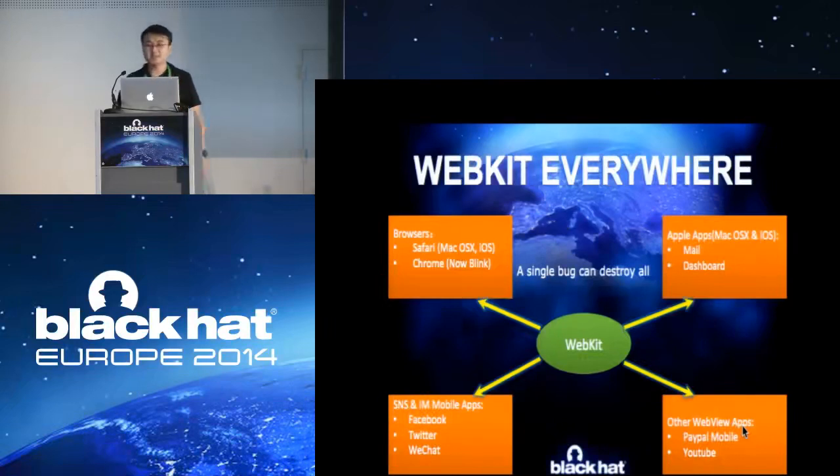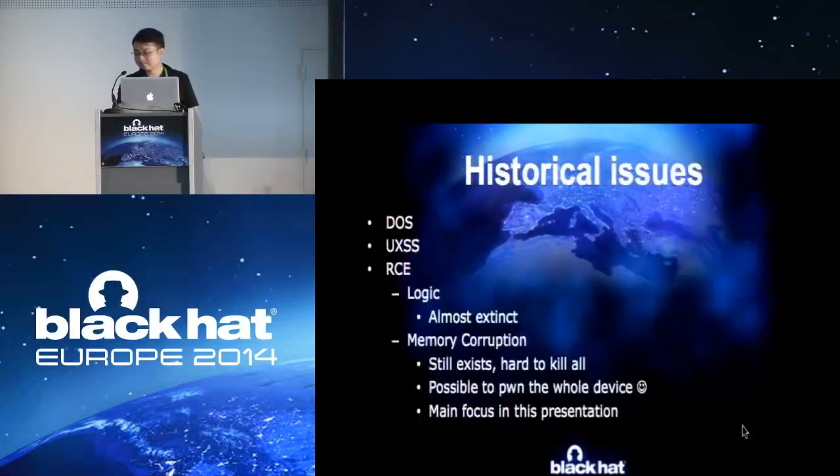So currently, WebKit is used everywhere. We have browsers, PC applications and mobile applications, and usually a single bug, in an extreme situation, may destroy all of them. On historical issues, we have some DoS issues which happened frequently.